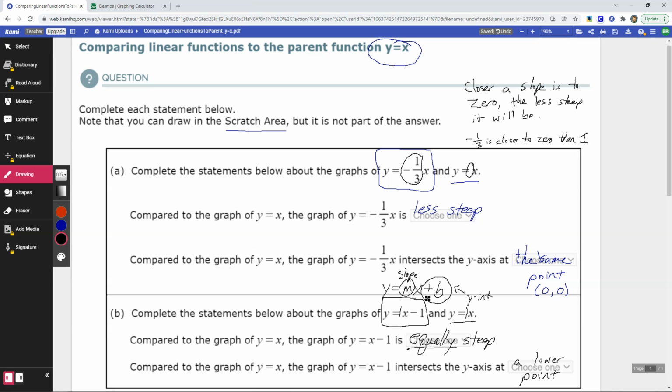If I had a function something along the lines of y equals 5x or y equals negative 5x, both of those are further away from 0 than 1, so both of these would be more steep than y equals x.